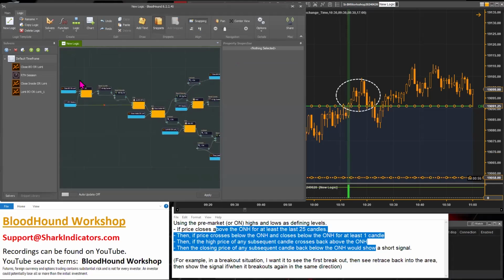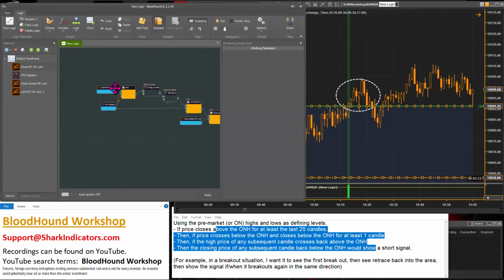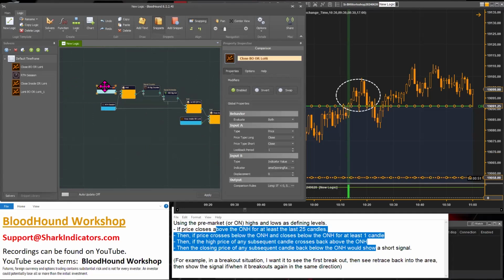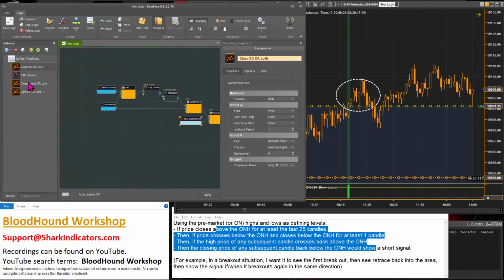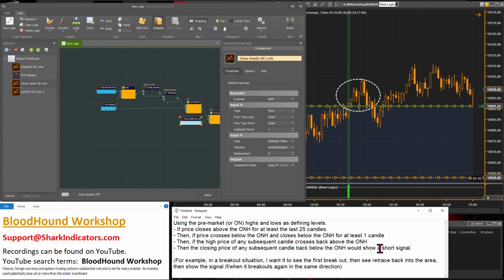All the nodes were set up backwards, so this comparison solver was set up backwards from normal. All these comparison solvers on the list were set up backwards, because we're generating a short signal when the closing price went back inside.